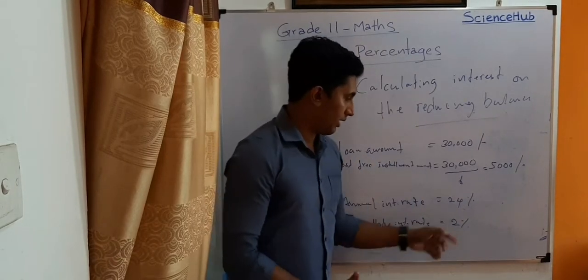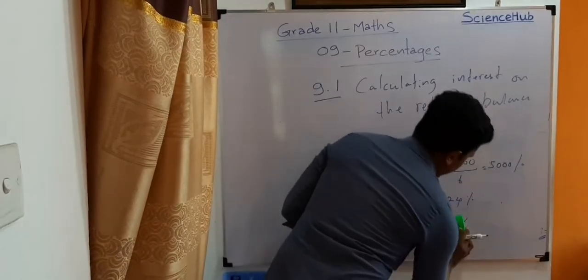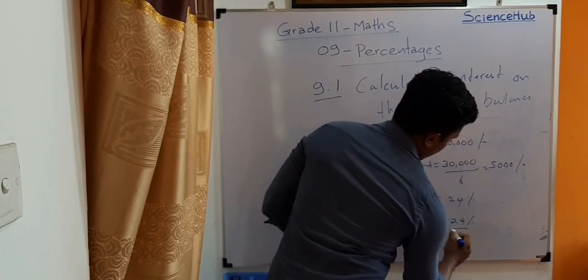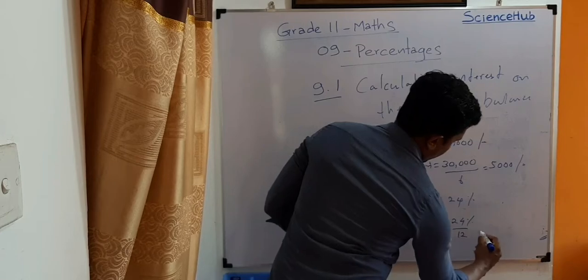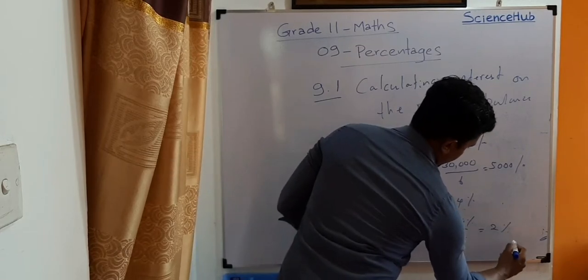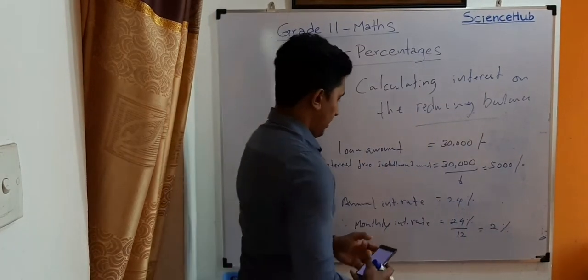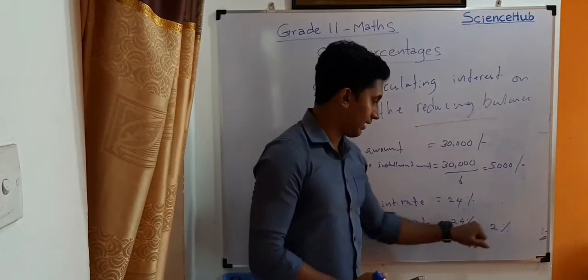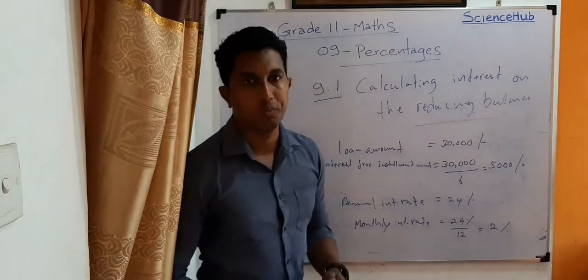I'll write that one also: 24 over 12 is equal to 2%. You have to find these things at first. The monthly interest rate is equal to 2%.